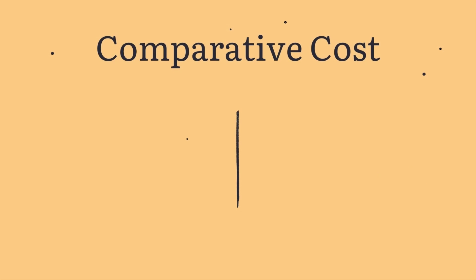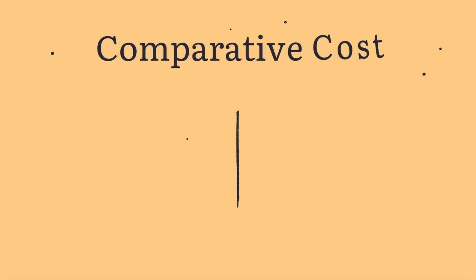Okay, so first topic is comparative cost. We're going to cover how to do best buy questions, which involve comparing two items to see which one of them is best value for money. For example, let's imagine that we had the option of buying two kinds of apple and we want to know which one of them was best value for money.